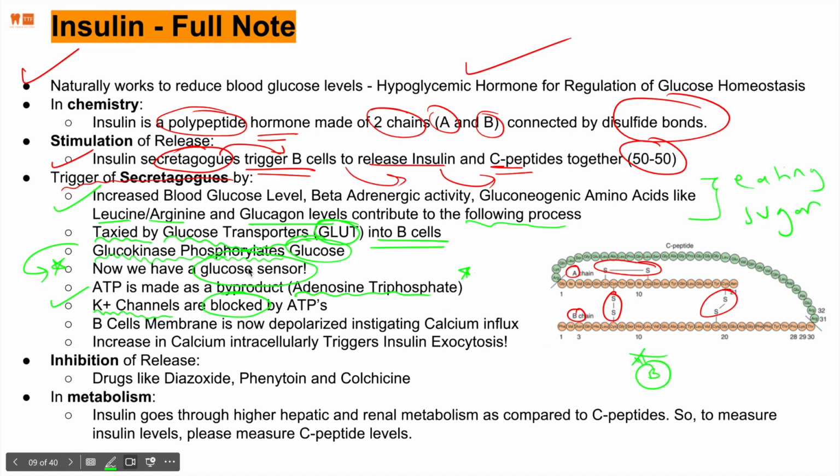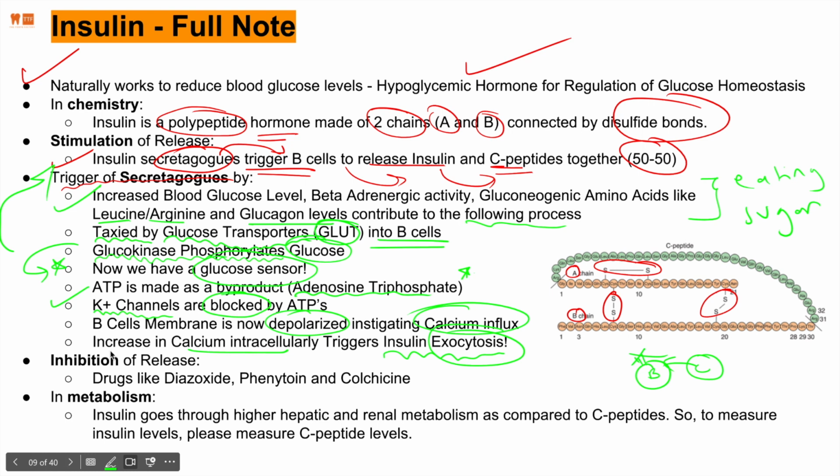Now, if the K channels close, then the B cell membrane is depolarized, and in order to bring it back to normal, calcium comes inside. And we know what happens when calcium comes inside. There is an increase in intracellular calcium, triggering insulin exocytosis. This process is what secretagogues end up doing.